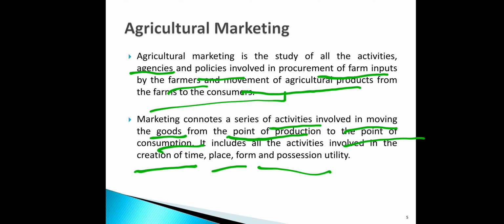As I told, agriculture marketing is a combination of both sides: the marketing of farm products produced by farmers, and the marketing of farm inputs required by farmers in the production of farm products.